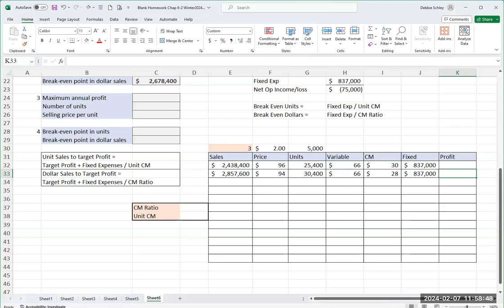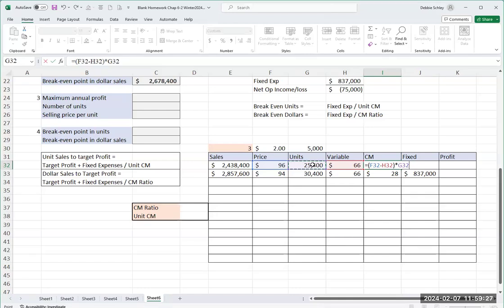So I just realized in my original chart, I did equals, open parentheses, selling price minus variable, close parentheses, times the units so that I have my total contribution margin.